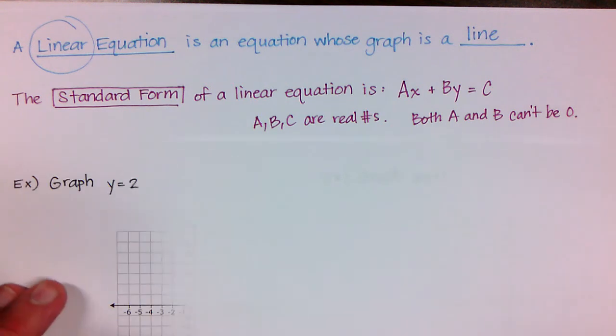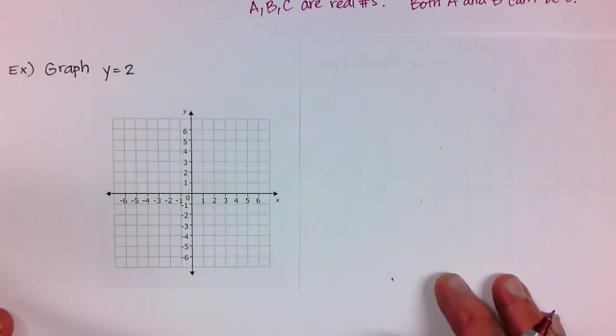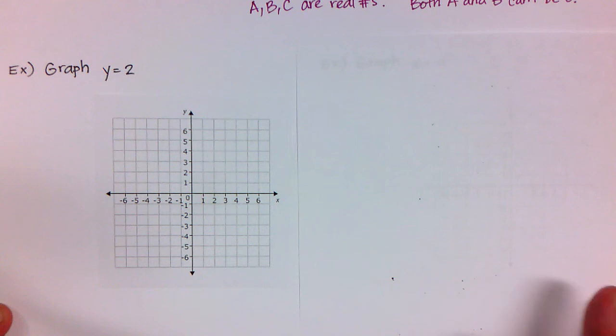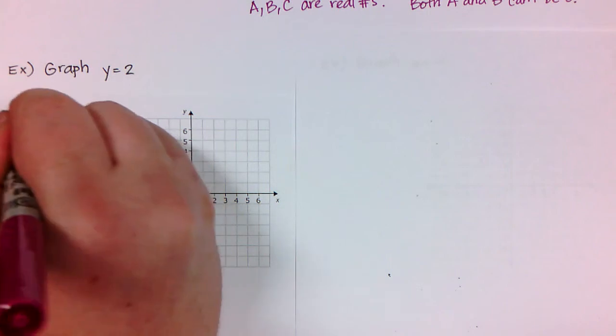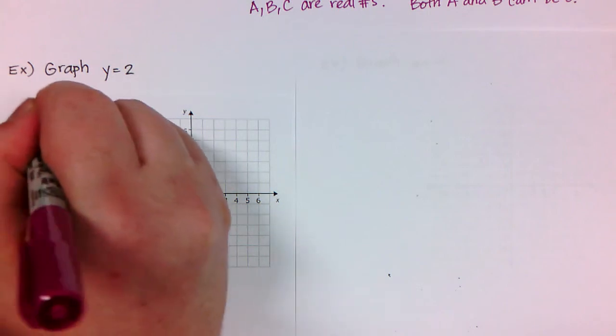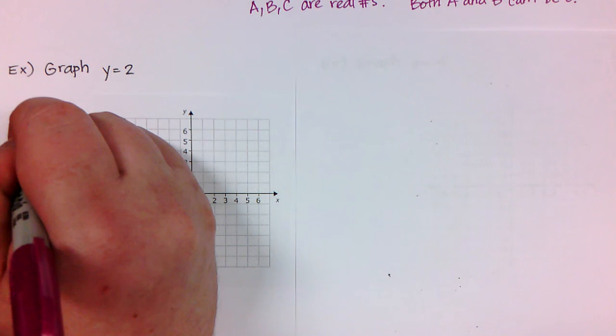So I have an example here, and it looks very basic. It says graph y equal to 2. So for this one, what I want you to do is, again, just pick some points to start out with. Pretty soon you're going to be able to graph this without picking any points. So I'm making my t-table, right? And I'm going to pick some values for x.